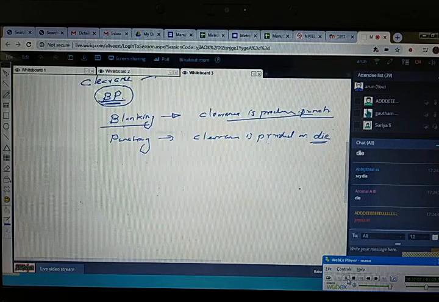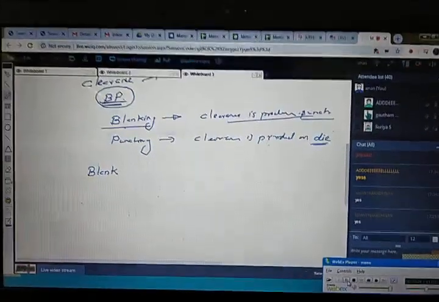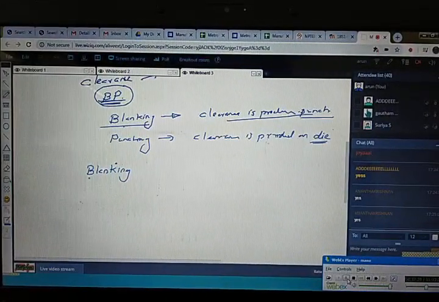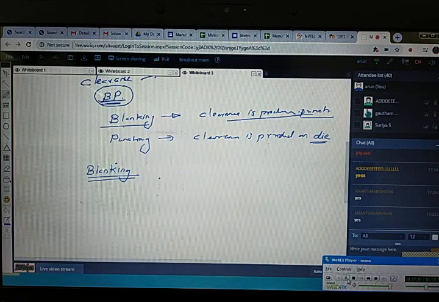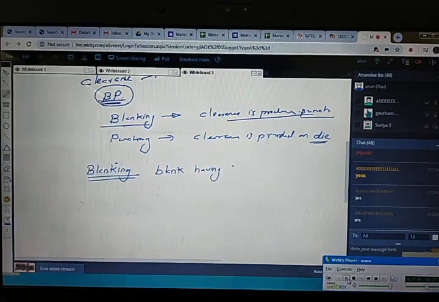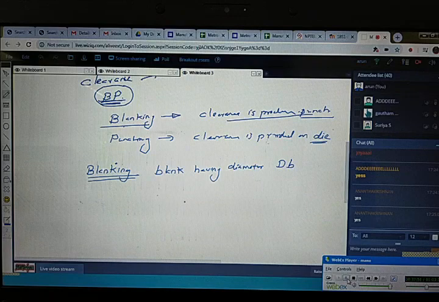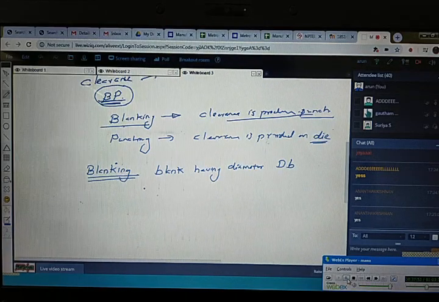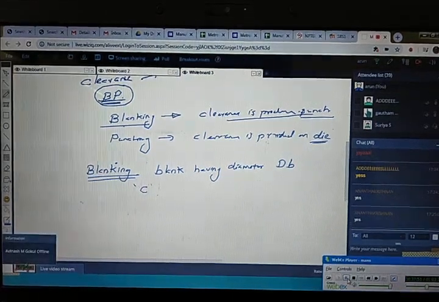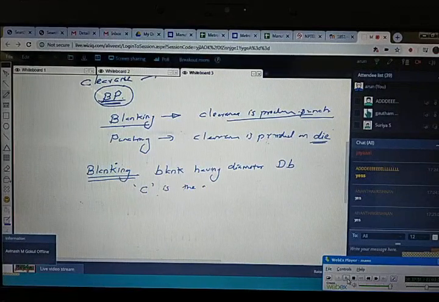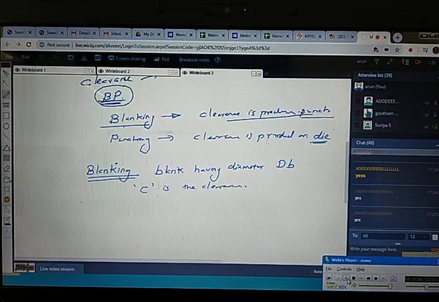Okay. I am going to undergo the blanking operation. So the blank to be produced should have a diameter, take it as dB. Then C is the clearance, which is provided where? The clearance should be provided where?